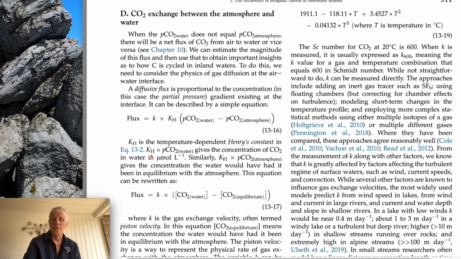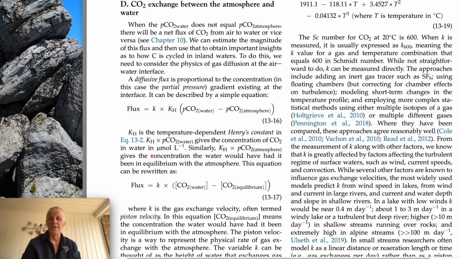The SC number for CO2 at 20 degrees C is 600. When K is measured, it is usually expressed as K600, meaning the K value for a gas and temperature combination that equals 600 in Schmidt number.